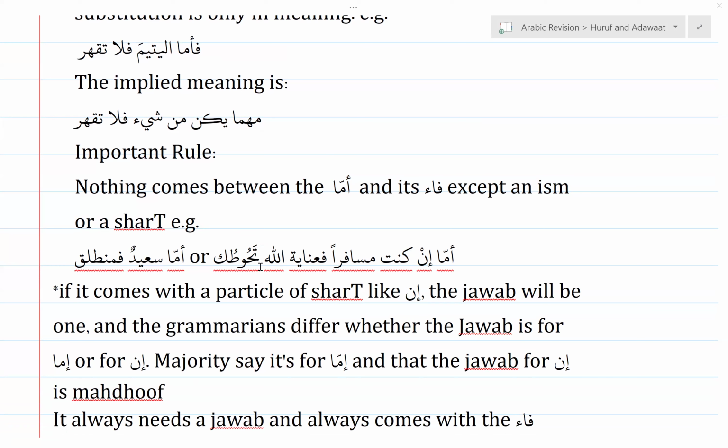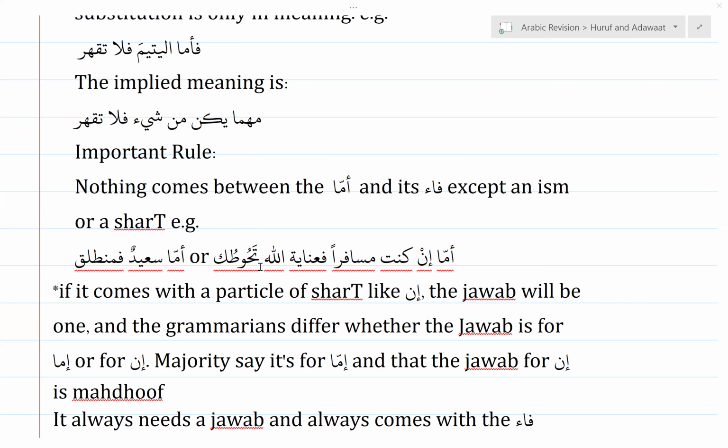So we are saying nothing comes between the amma and its fa except an ism. You cannot have a fi'al. You cannot say amma yadhabu. No. Amma ya'kulu. No. Amma al-kitab. أما الولد، أما السفينة، أما الشيء. It has to be an ism or a whole جملة شرطية.